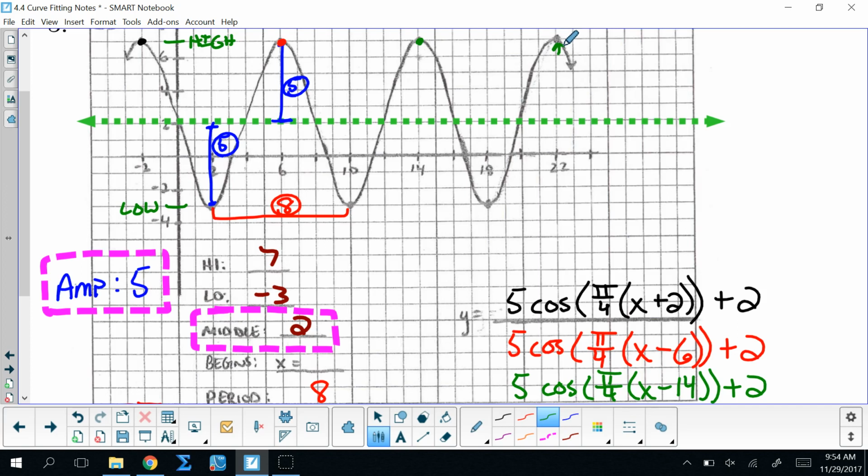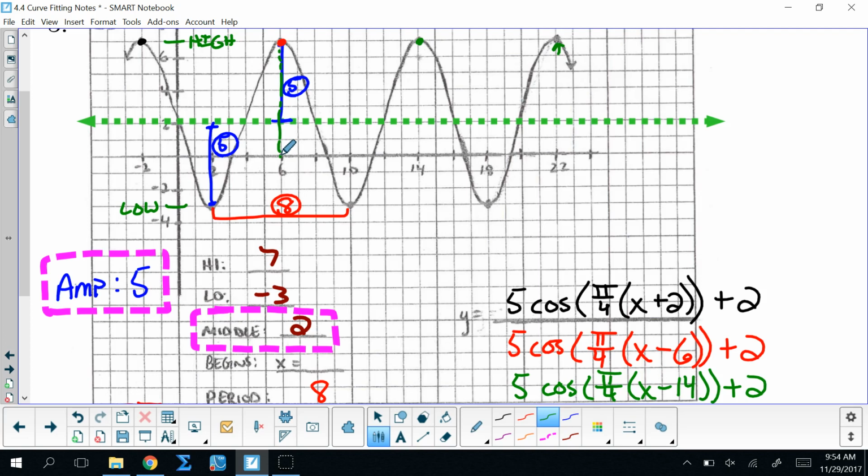That red start is positive 6. Where I found the period? Yeah. Okay, so the start is positive 2, right? Yep. And then when you put it in the equation, it's x minus. I haven't gotten that one yet.